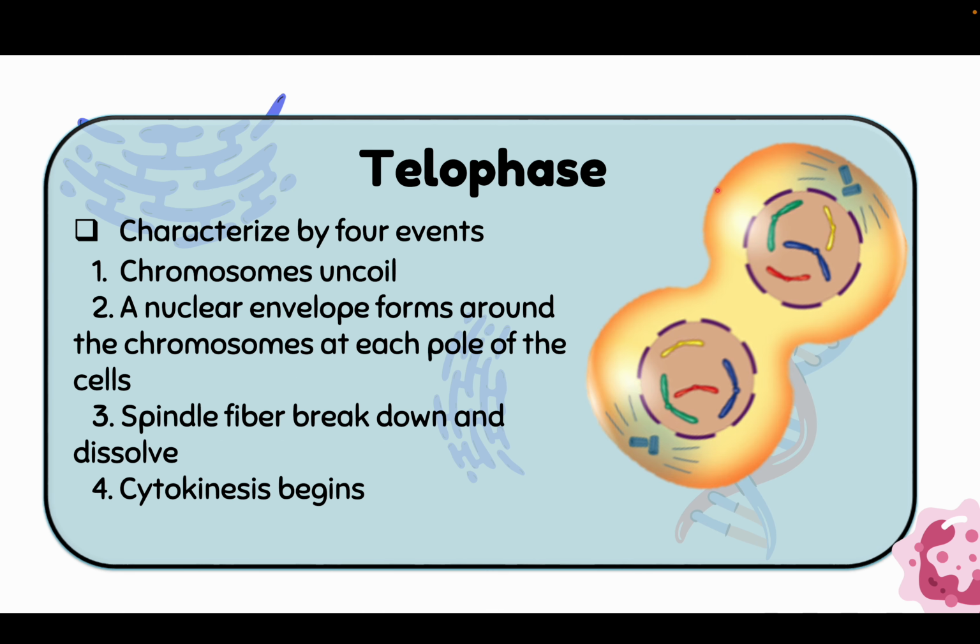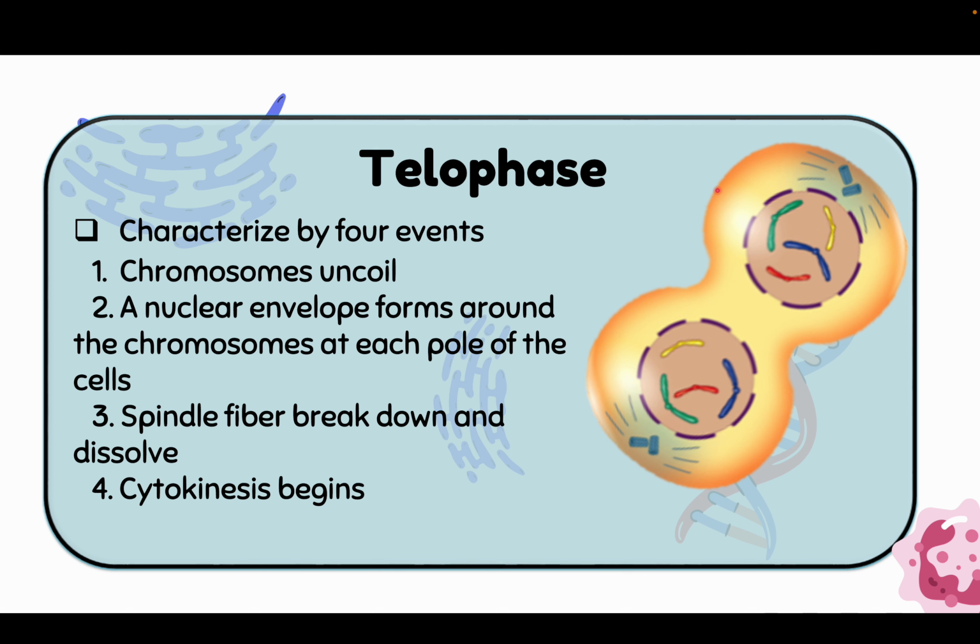Then we have telophase, characterized by four events. Now that the chromatids have been separated already to two progeny cells, chromosomes will begin to uncoil. The nuclear envelope, the nuclear membrane, will reform around the chromosomes.